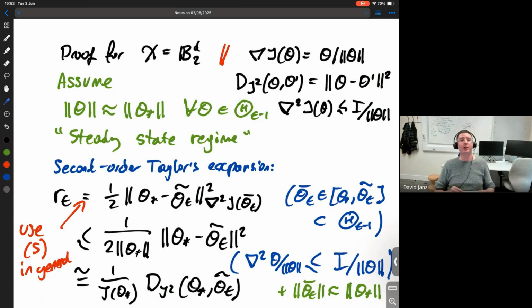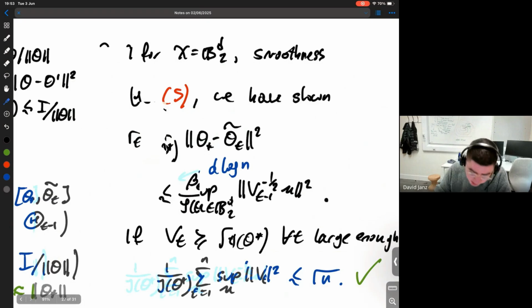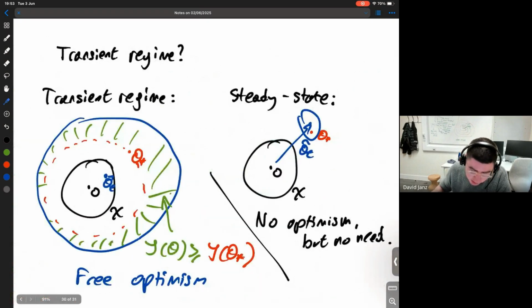Okay, so with these conditions, how do we make things work? Let's assume that we're in what we're going to call the steady state regime. So we're essentially saying that we've explored a lot. The confidence set has shrunk a lot. I have a diagram a couple pages forward. I'll skip to it. Right, we're in a steady state regime. We have a small confidence set here. The arm set is here. Theta star is inside of here.